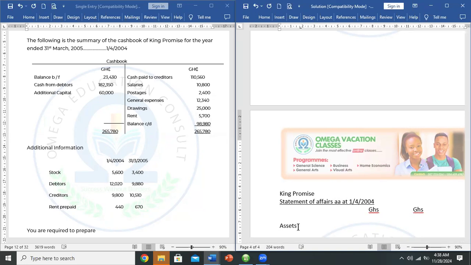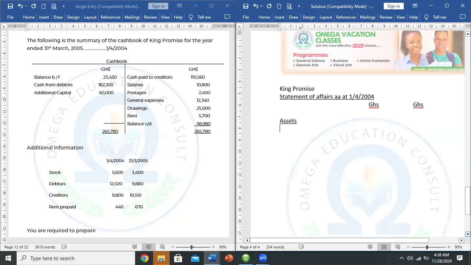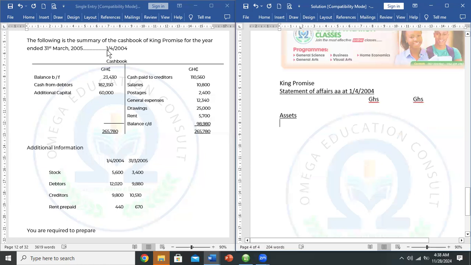So dear professors, there is a question on the screen. What assets do you see in this particular question? Right from the top, if you see any asset, please let me know. Or better, if you are not going to put up your hands willingly, let me call Prophet Chia.